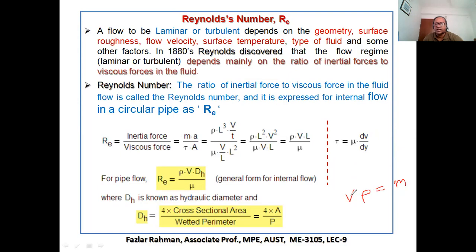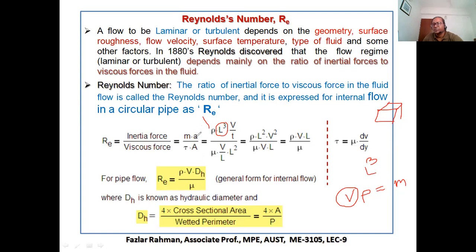If the dimension is L, the unit of volume is L cube. For example, if you have a cube, then the volume will be L cube. So I put the volume as L cube, and m equal to V into rho.